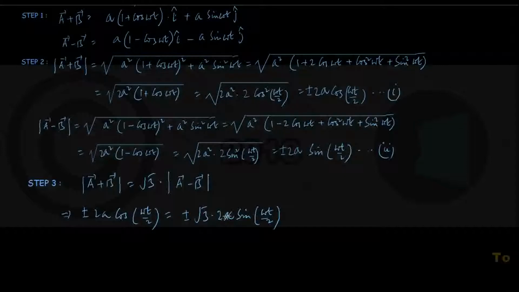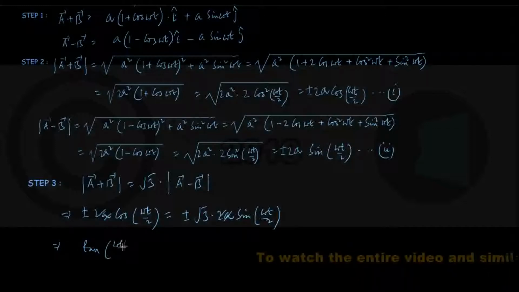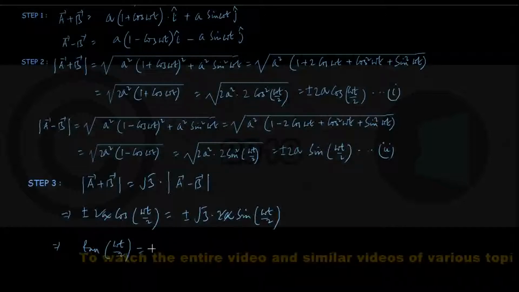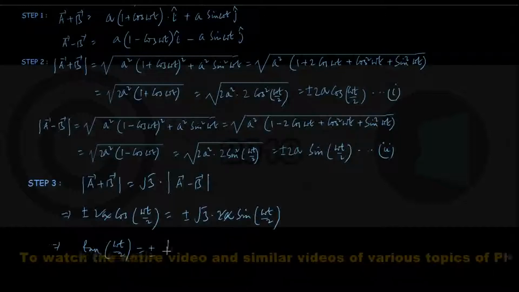From both sides, this 2A cancelling out, and you can show from here that tan of omega t by 2 is coming out to be plus minus 1 upon root 3, isn't it?